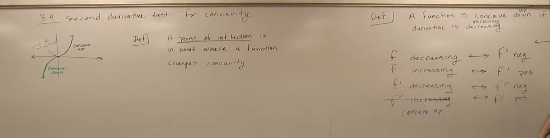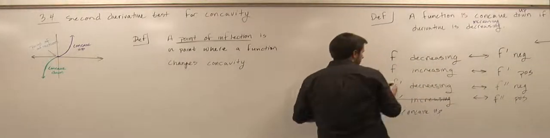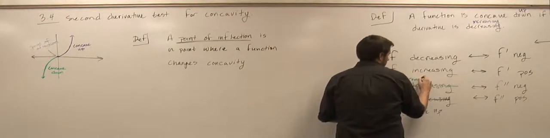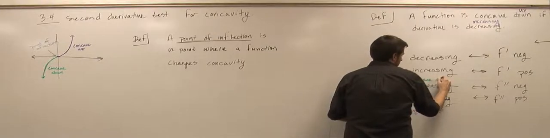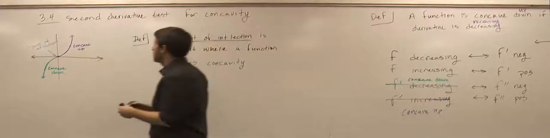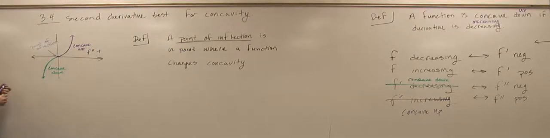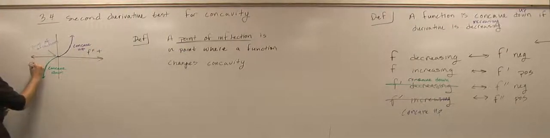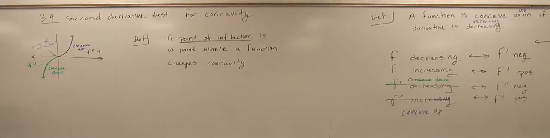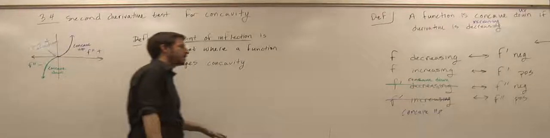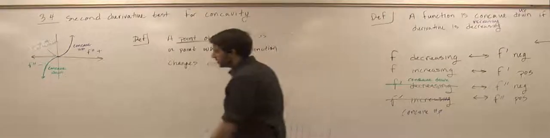Concave down, f double prime is negative. Here f double prime is positive, here f double prime is negative. So when you change, it has to be equal to 0, or I guess undefined technically. So points of inflection come from the critical numbers of the first derivative. They come from where f double prime is 0 or undefined.